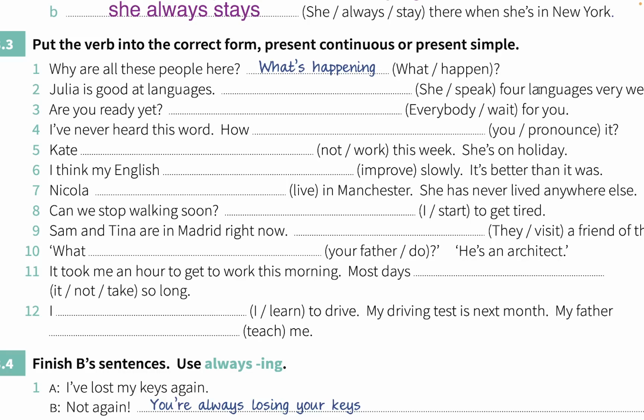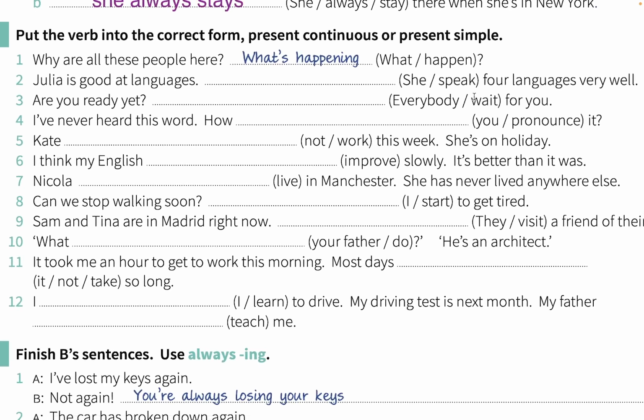Okay, I'm going to read the first example. Why are all these people here? What is happening? So the correct form is what is happening. The second one, Clarence, go. Julia is good at languages. She speaks 4 languages very well.